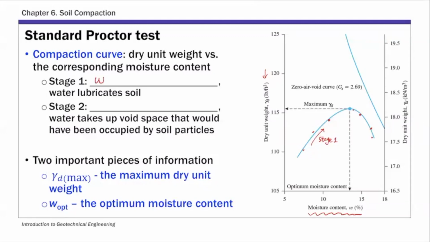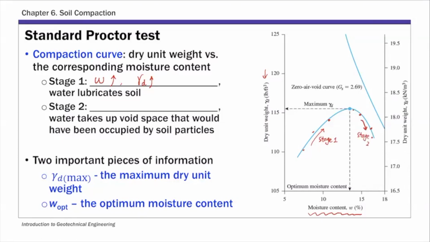The water content increases, the dry unit weight increases. And the second stage is this decreasing stage here. Notice the dry unit weight decreases with water content. This is stage 2.